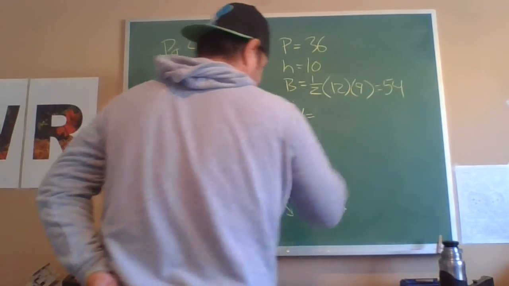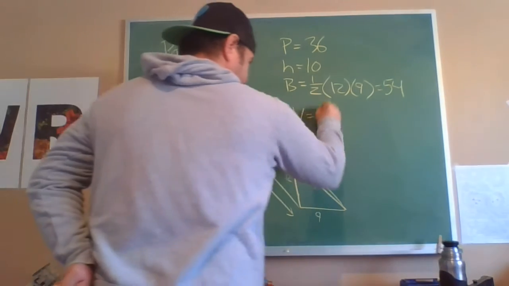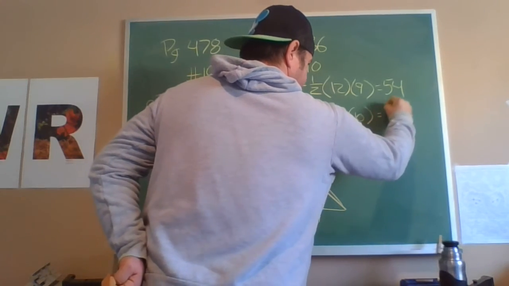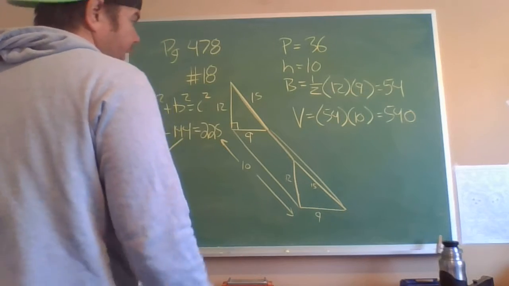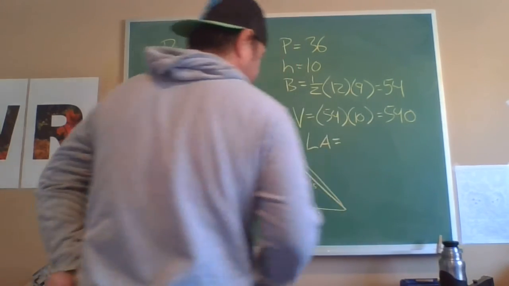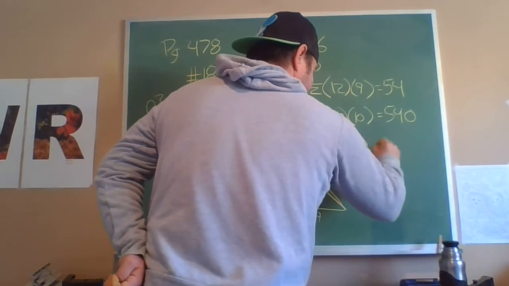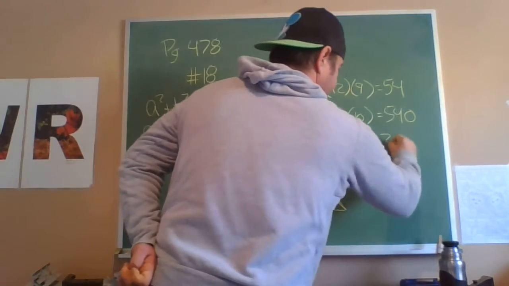Starting with volume. Volume is area of the base times the height, so that's 540. Lateral area equals perimeter of the base times the height, which is 36 times 10.